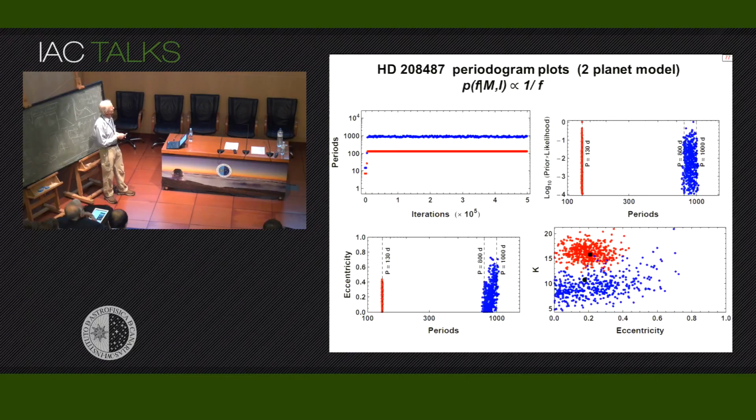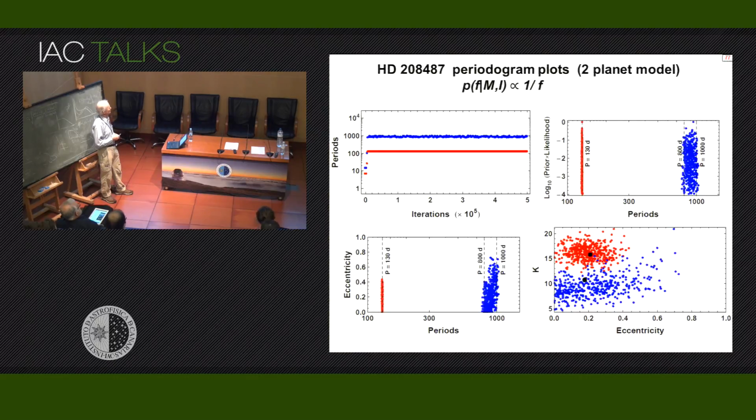This is the log to the base 10 of the prior times likelihood versus period, and here I've normalized to the maximum value of the log to the base 10. So you can see this goes up to 0 and 0 at this point here.